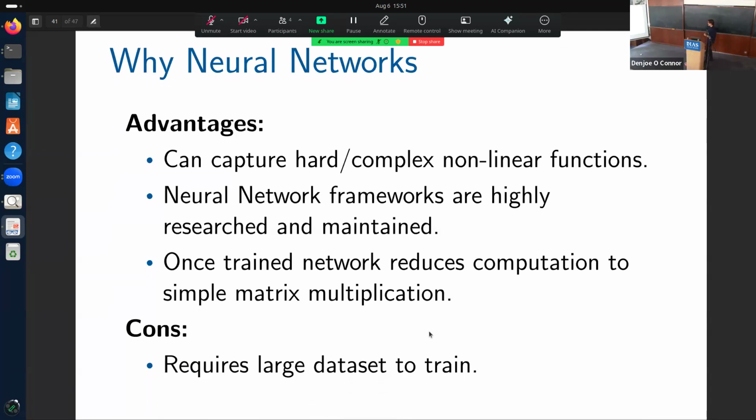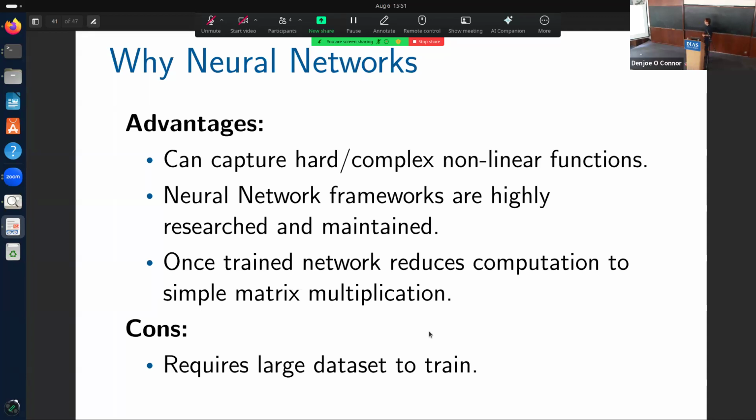We want to reduce this problem to simple matrix multiplication, which is the real power of neural networks that we have found out for now in physics and computation: they greatly reduce the computation time by reducing the problem to simple matrix multiplication.